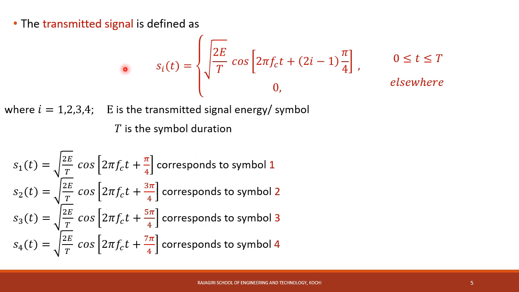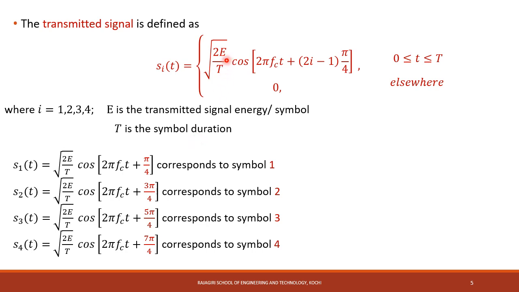So in QPSK, the transmitted signal is defined as si of t is equal to root of 2E by T cos of 2 pi fct plus (2i minus 1) into pi by 4. The signal is defined for a duration 0 to capital T, where capital T is the symbol duration.